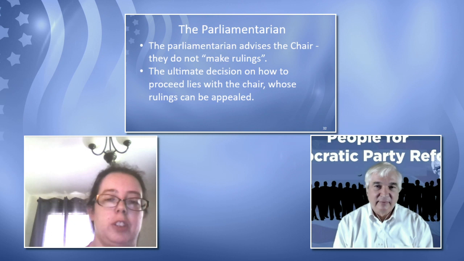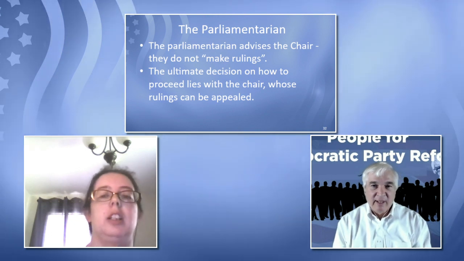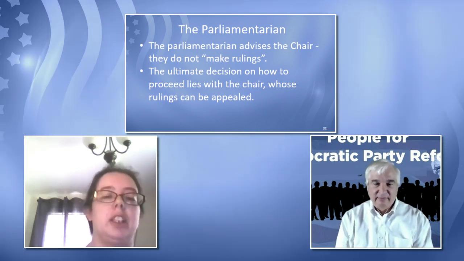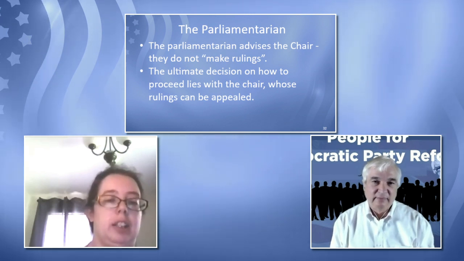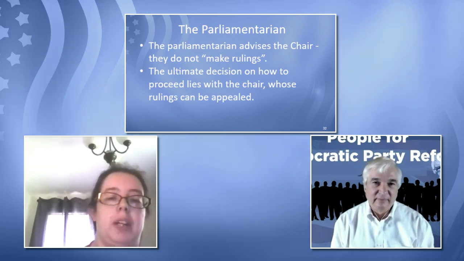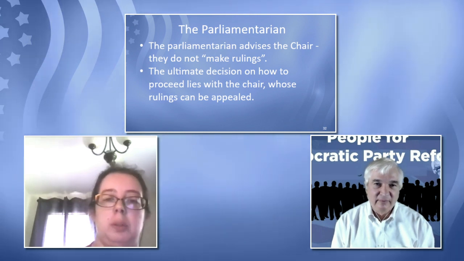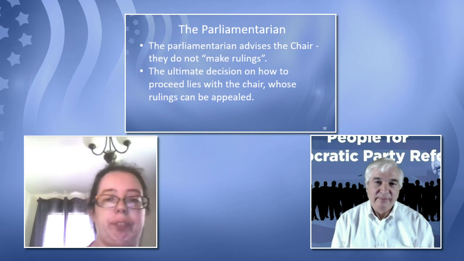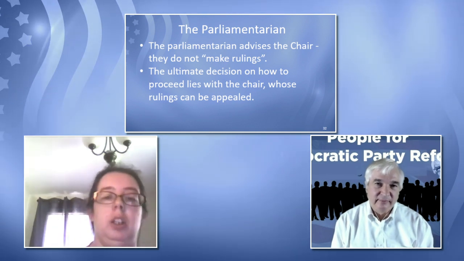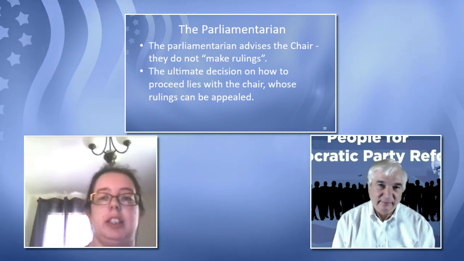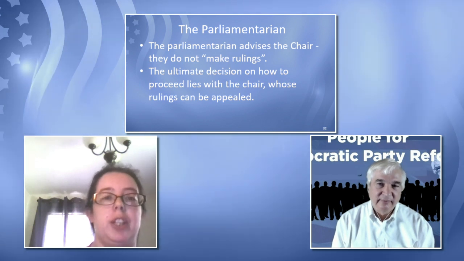So then the chair, taking into consideration the opinion of the parliamentarian, will make a ruling, and those rulings can be appealed by the assembly, by the members of the organization. That's really important because the parliamentarian can tell you what Robert says and what parliamentary law says and the proper way to do things.